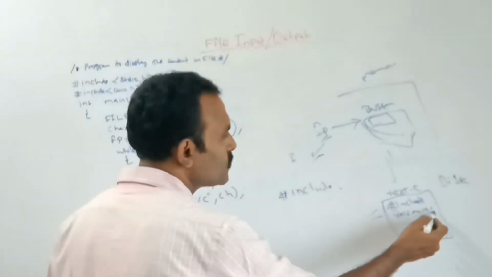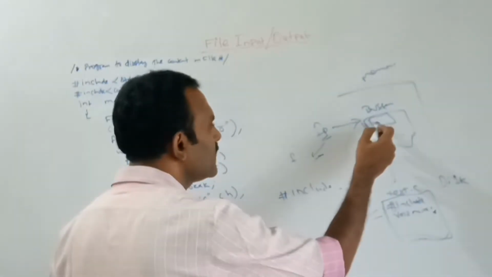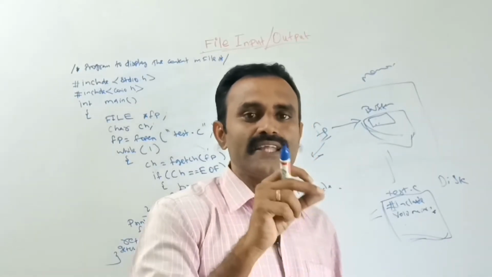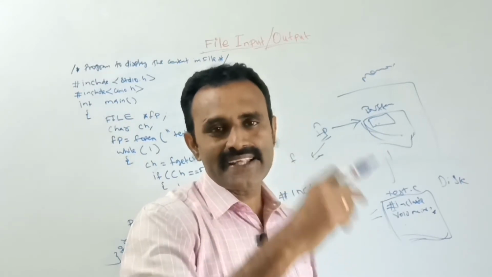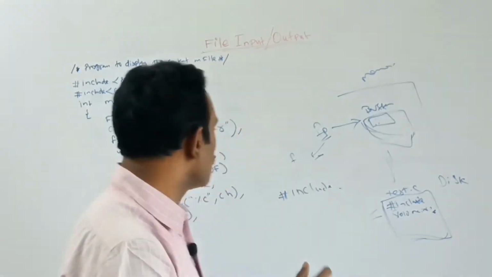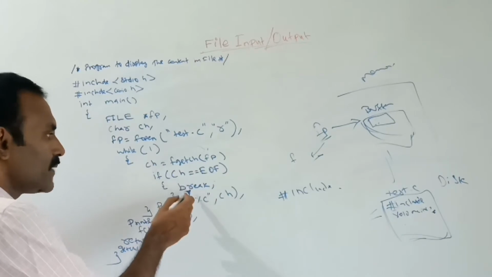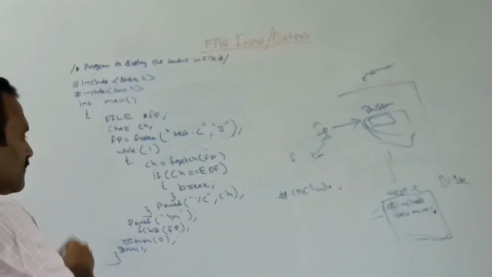Once it comes to the last letter, next it will search. If there is no letter then this function returns EOF. By the help of the function we are reading character by character, and if there is no content at that time it will return EOF. So if ch is EOF then I am telling it to break, that means this infinite loop will break down, and next it will come outside.